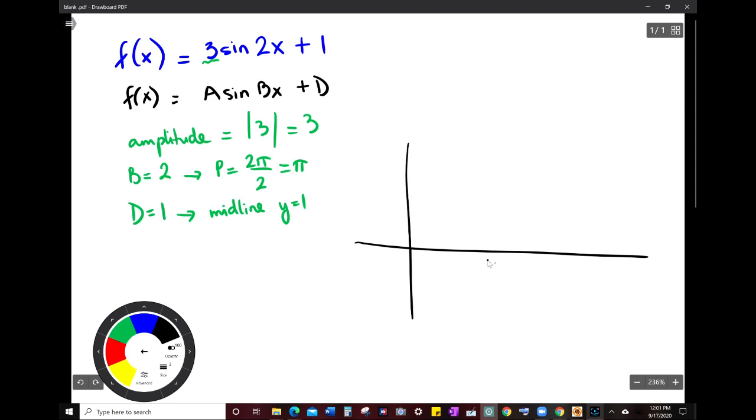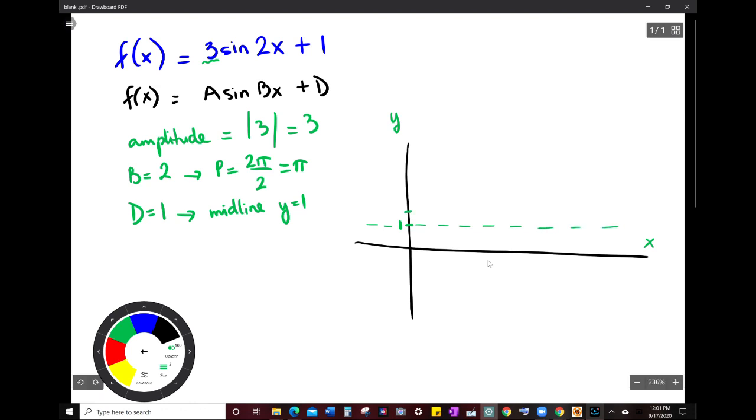Alright, now we try to graph this function. So we know always start with the midline. Midline is y equals 1. So we have y equals 1. So this y-axis, this x-axis, y equals 1 is right here. And then the amplitude is 3. So therefore that means from the midline, you go up 3.